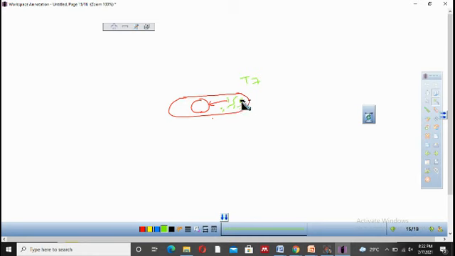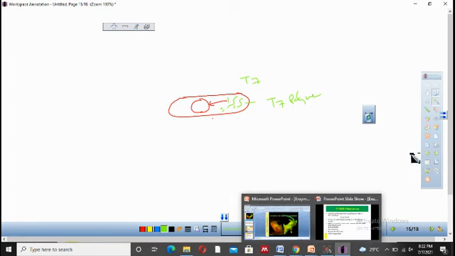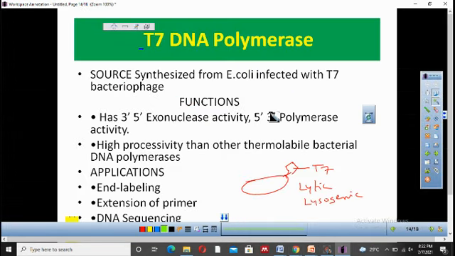For these replications, they synthesize the polymerase, which is called the T7 polymerase. The source is different, so you have to remember the source: the T7 DNA polymerase is synthesized from E. coli infected with the T7 bacteriophage.